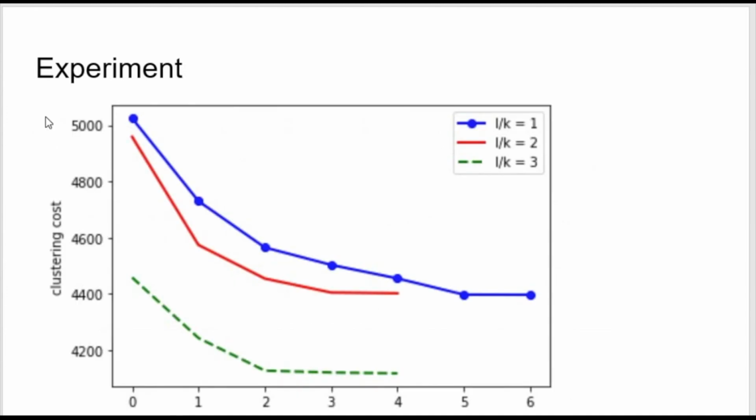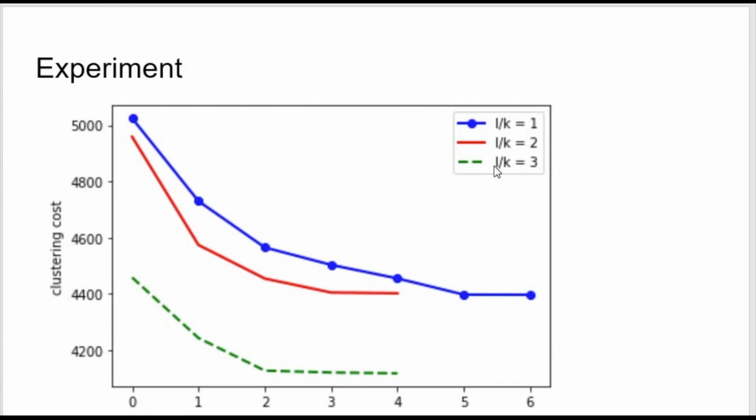Now we look at this graph. In this graph, we show a trade-off between the runtime and performance. L over K is a hyperparameter of the scalable k-means plus plus algorithm. L represents how many centers you sample at each iteration. L over K equal to 3 means you sample 3K points at each iteration, compared to sampling 1 point in the k-means plus plus algorithm.